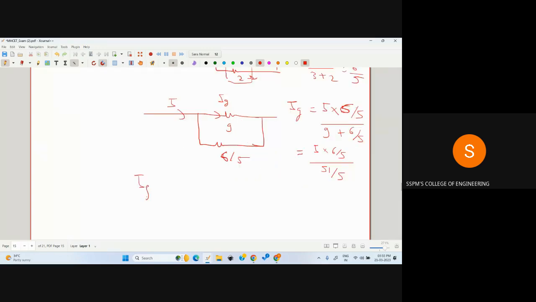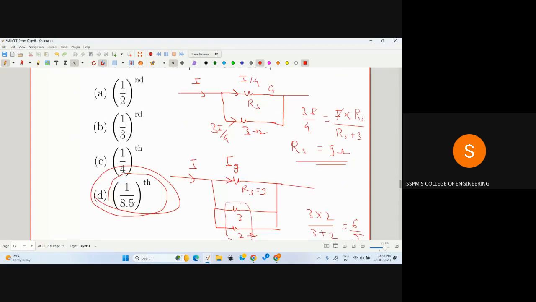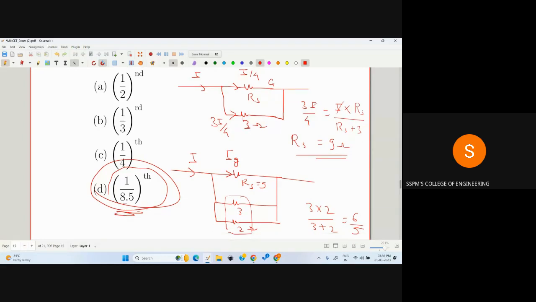So Ig is equal to I into 6 divided by 51, or I into 6 8s are 48, the remainder is 3, so 6 5s are 30. So it will be I divided by 8.5. So after connecting the 2 ohm shunt resistance, the current will drop by 1 upon 8.5. The correct answer is option D.